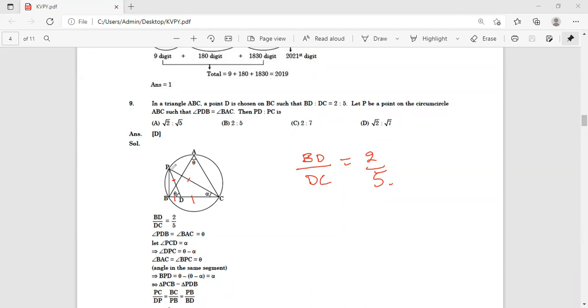So PD by DC. So maybe, you know, it will come as similar triangles, probably. You just check it. The ratio of the sides they are asking, two angles are same. So this angle is alpha. This angle is alpha. So what is angle DPC? I've taken this angle as alpha. So angle DPC is what? Theta minus alpha.